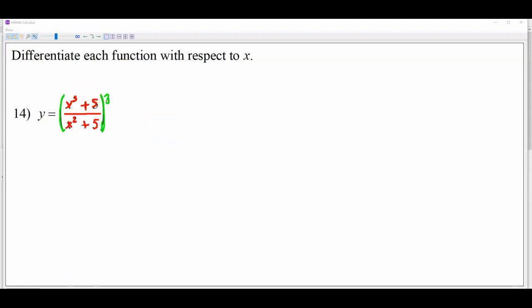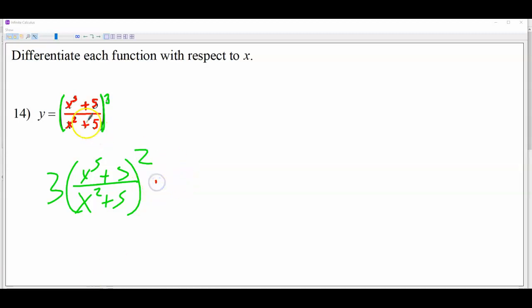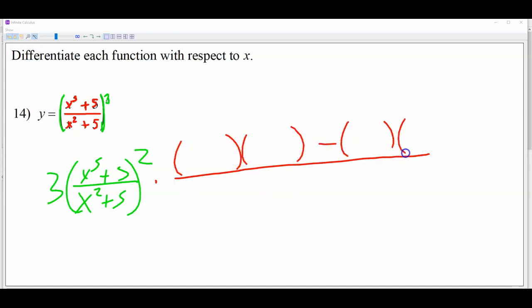All right, so the derivative of the outside is going to be to multiply the front by the power and take 1 off the power and leave the inside the same. But now we need to multiply it by the derivative of the inside. And the inside is going to be a quotient rule. So we have low, d high, minus high, d low.